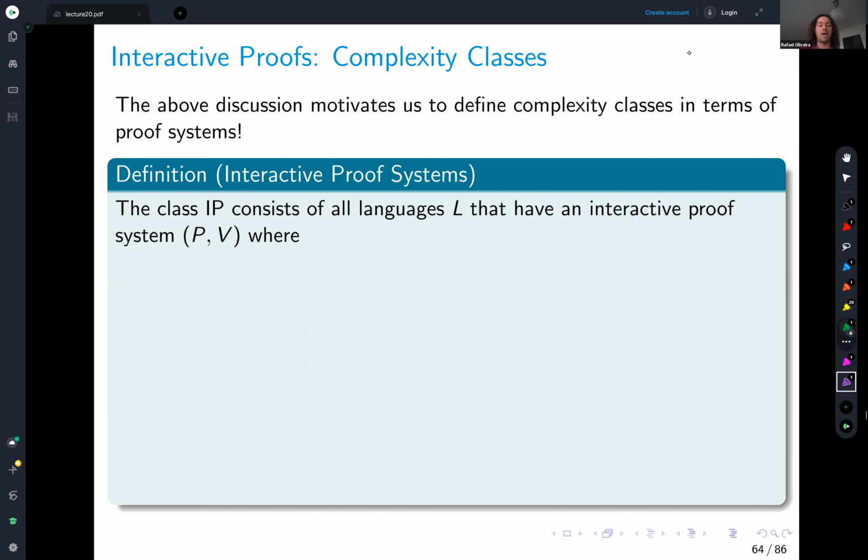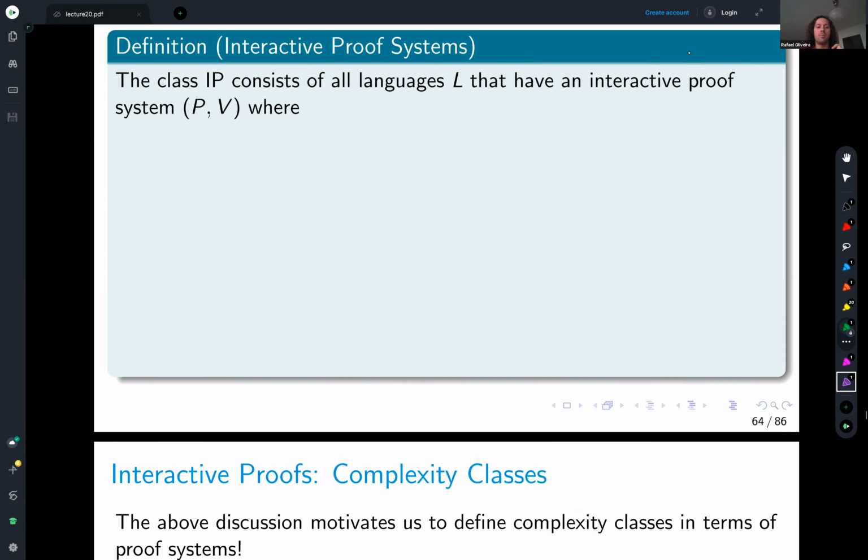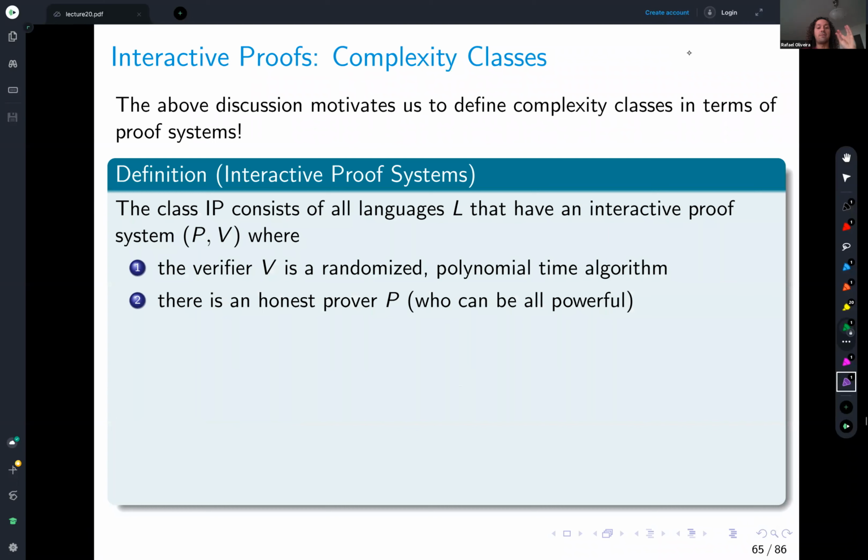The class of interactive proof systems, which is called IP, consists of the languages L that have an interactive proof system where the verifier V is a randomized polynomial time algorithm, and there is an honest prover P. Now, this honest prover P can be all powerful, can solve uncomputable problems, can do whatever.